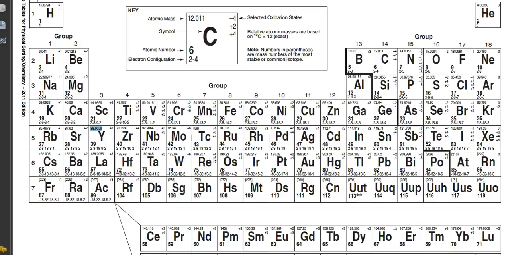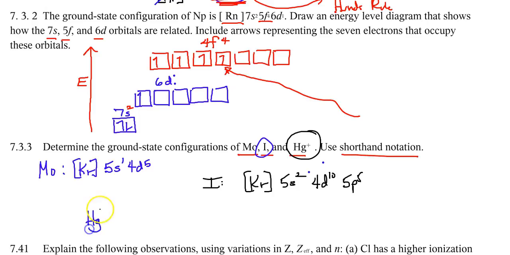So let's move forward. So mercury plus, remember we're losing an electron. I just did it with it being an atom, it is going to be the configuration of xenon, 6s2, 5d10, and then 4f14 if I write it this way.